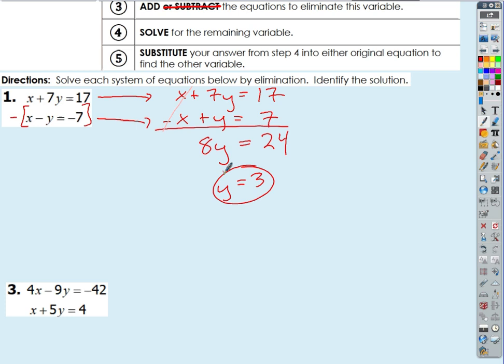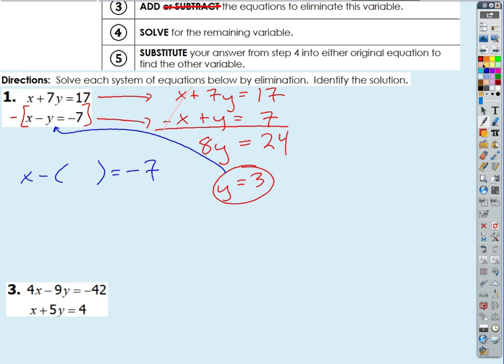Now what? Plug it in. We're going to go back to the original system and pick the easiest one to plug it into, top or bottom? Bottom, yeah. So if we plug 3 into the bottom equation, it's just x minus y equals -7, right? So we're just going to get x minus, I'll open up an empty quantity to dump the y value in, and it equals -7.